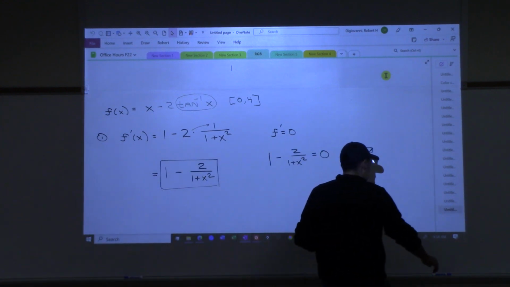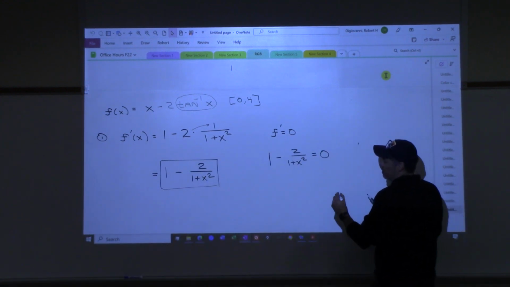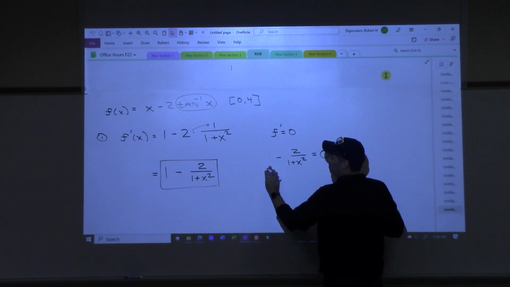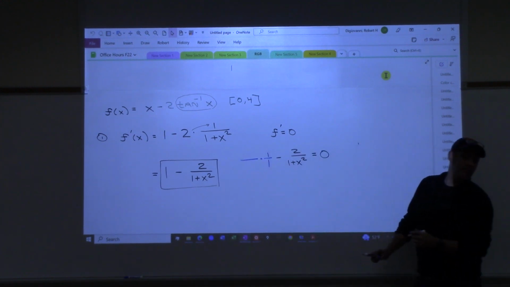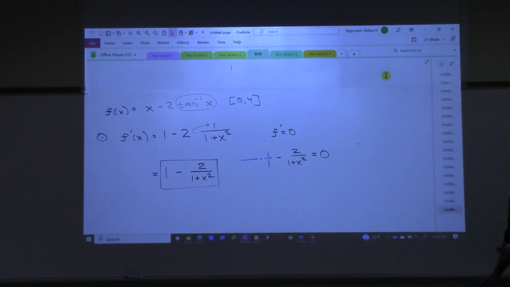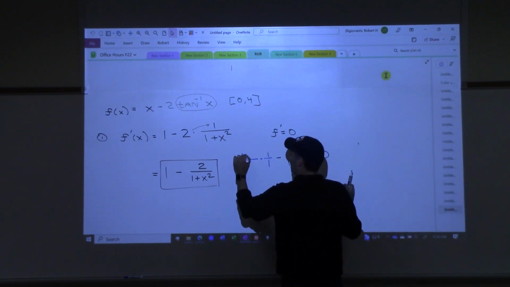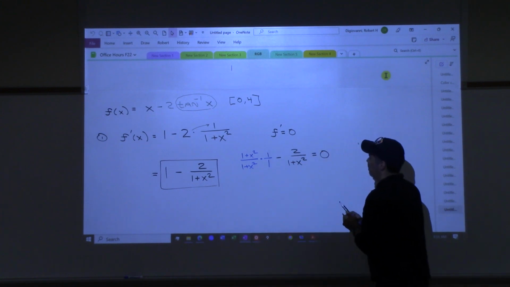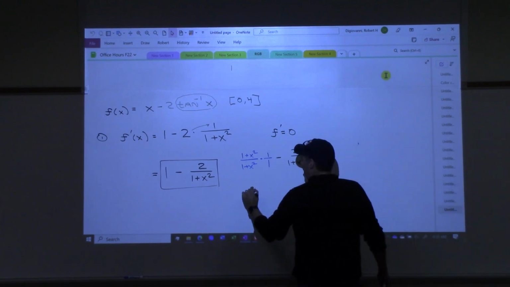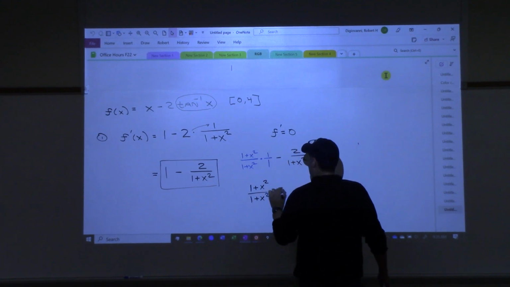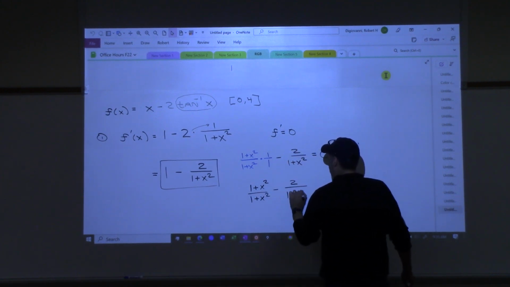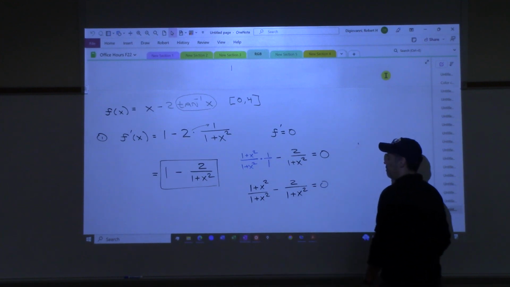If I put these together, I'm going to have to look at that 1 as 1 over 1, and then multiply the top and bottom of it by 1 plus x squared. That allows me to rewrite this as 1 plus x squared over 1 plus x squared minus 2 over 1 plus x squared equals 0.